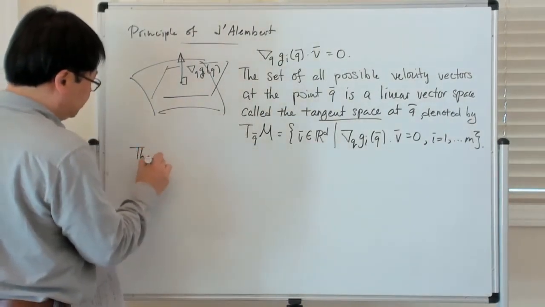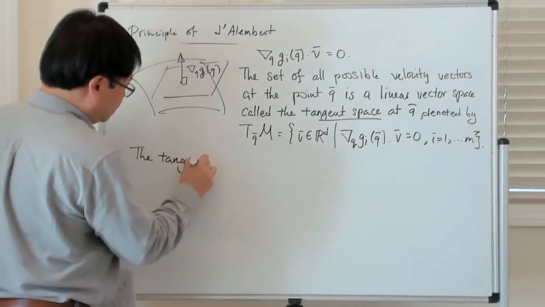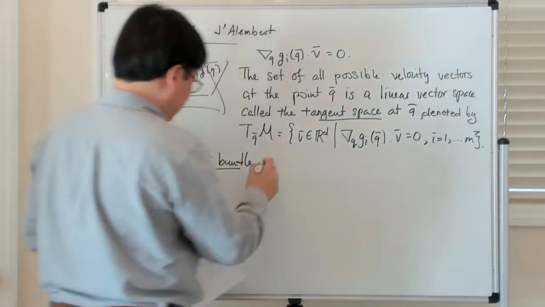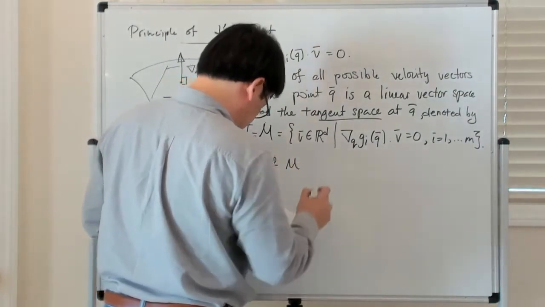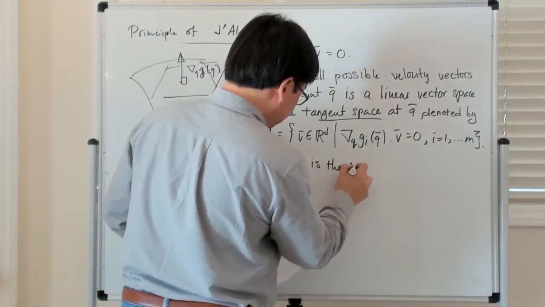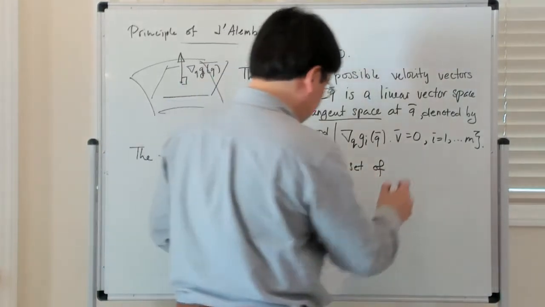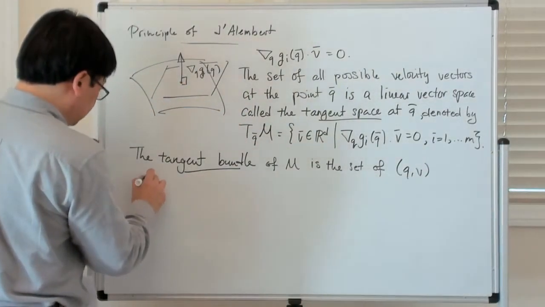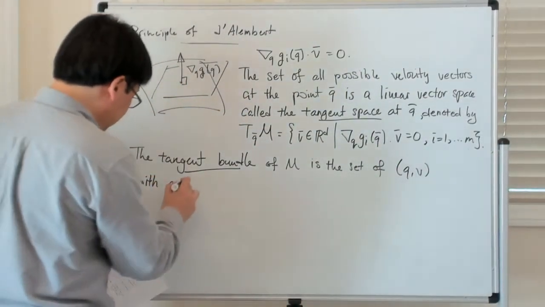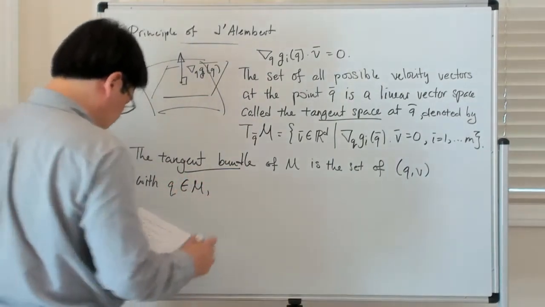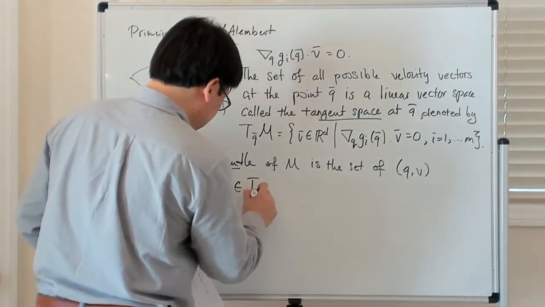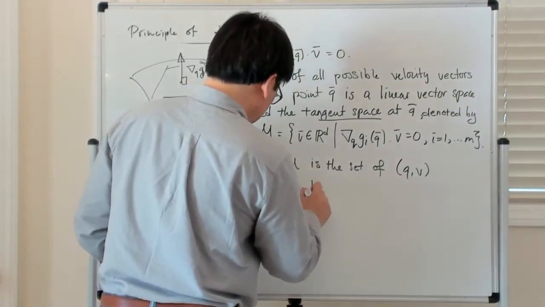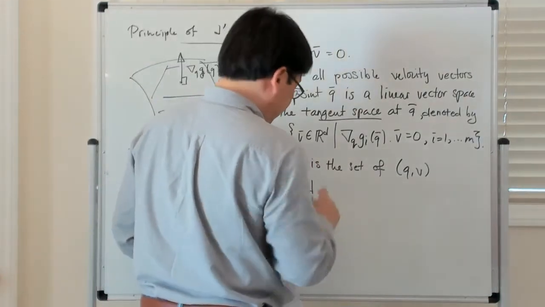The tangent bundle of M is the set of pairs (Q, V), with Q in M and V in the tangent space at Q of M, and the tangent bundle is denoted TM.